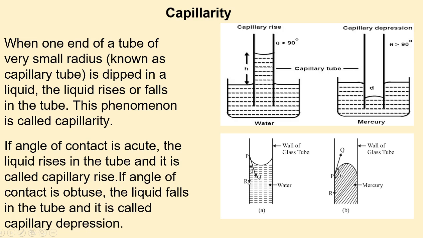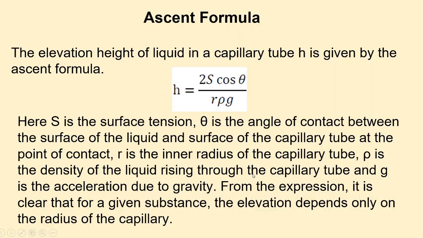And r is the radius of the capillary tube, and rho is the density of the liquid rising through the capillary tube, and g is the acceleration due to gravity.